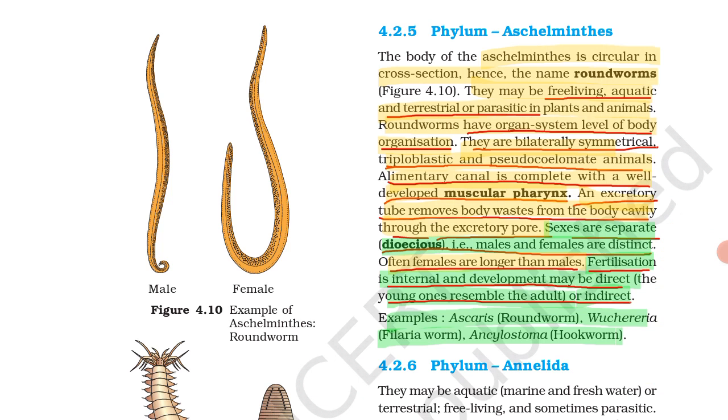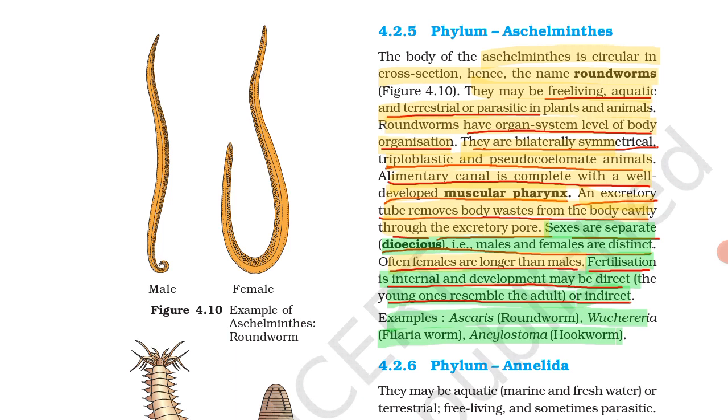They are bilaterally symmetrical, triploblastic, pseudocoelomate animals. The alimentary canal is complete with well-developed muscular pharynx. The excretory tube removes waste from the body cavity through the excretory pore. Sexes are separate, meaning dioecious, males and females are distinct. Often females are larger than males.